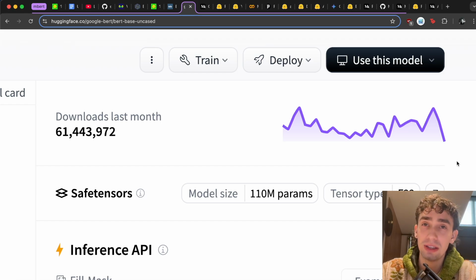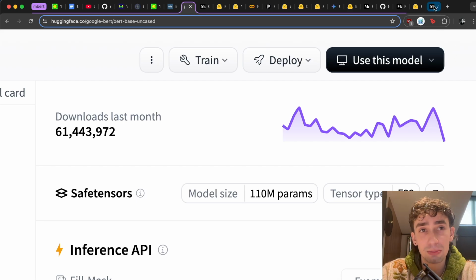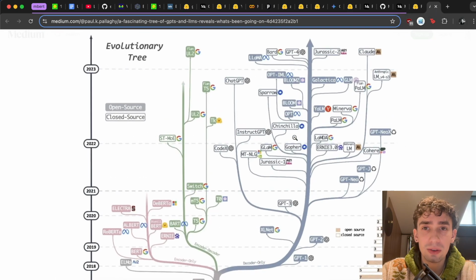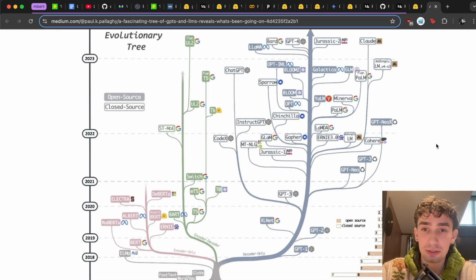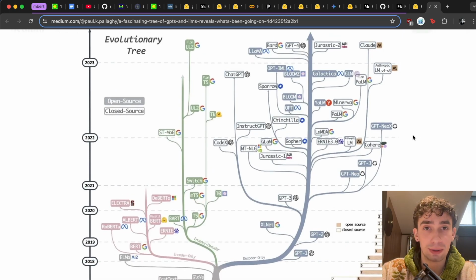But there has been one interesting downside to this. There is one thing that you have probably noticed, which is that with the massive investment and building of different models, decoder-only models have gotten a lot more love than encoder models.